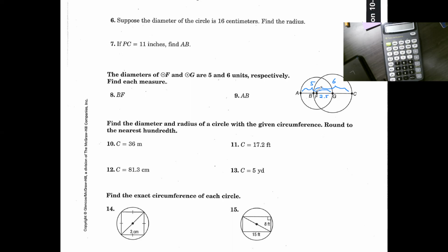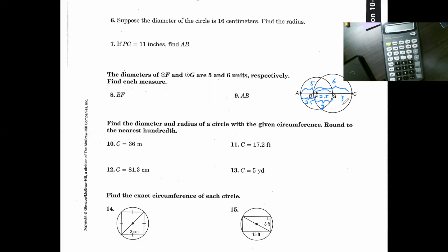And then also from A to F, this piece would also have to be 2.5. And then for the bigger circle, what's the radius going to be? 3. So then from B to G, it's going to be 3. So the first part of this is making sure you identify all the parts that are needed. But then it's just a matter of segment addition after that.